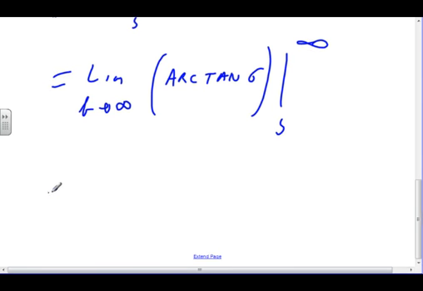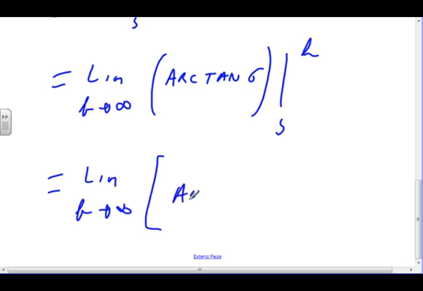And then we have the limit as b goes to infinity, and this is to b. And we have arc tangent b minus arc tangent s.